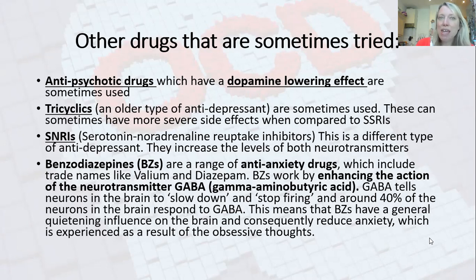And GABA has a really similar impact to serotonin. So it tells the neurons to slow down and stop firing, just like serotonin does. And it reduces anxiety, which, as we know, is one of the emotional characteristics of OCD, because people worry particularly about their obsessive thoughts.